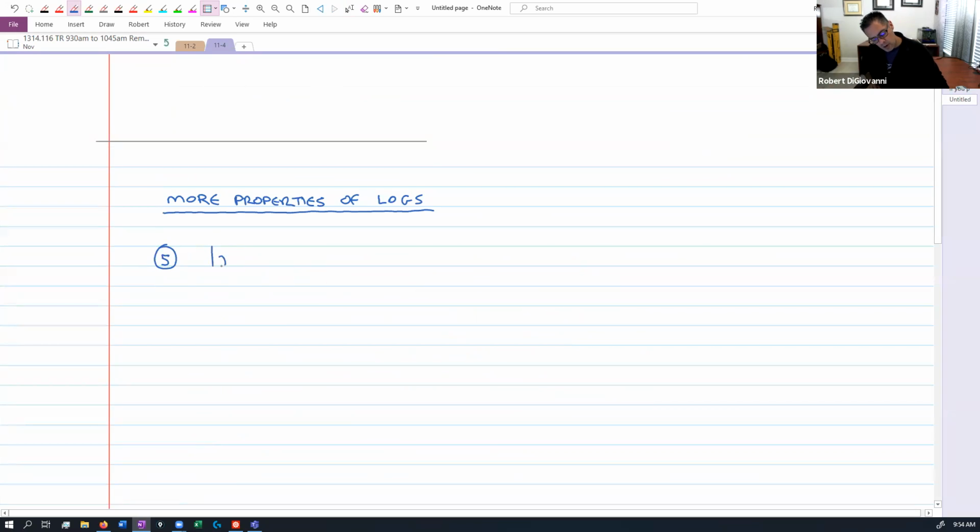If you ever have a logarithm, and it doesn't matter what the base is, this works for any base, if inside here, if it is something times something, if you have 2 things multiplied together, then you can split this up into 2 logarithms with addition between the 2.